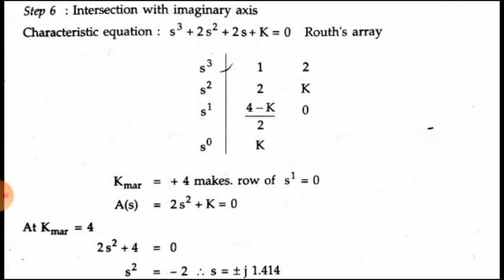So the auxiliary equation is 2s square plus k equal to 0. That is the previous row, that is the row number s square. You will get that expression. At k marginal, you will get s square equal to minus 2. So you have to find out the roots, s equal to plus or minus j 1.414. So that is the intersection point.